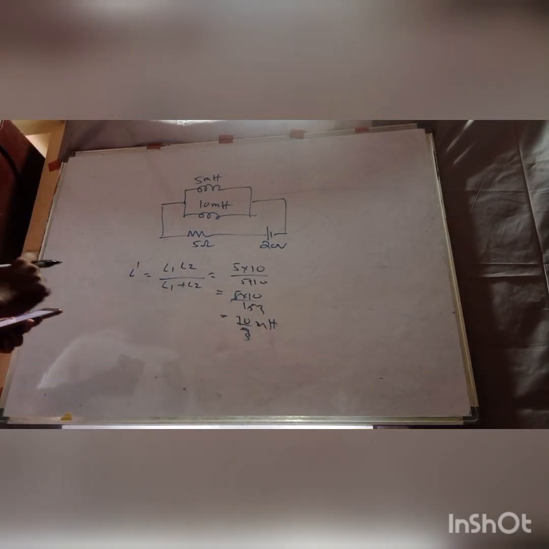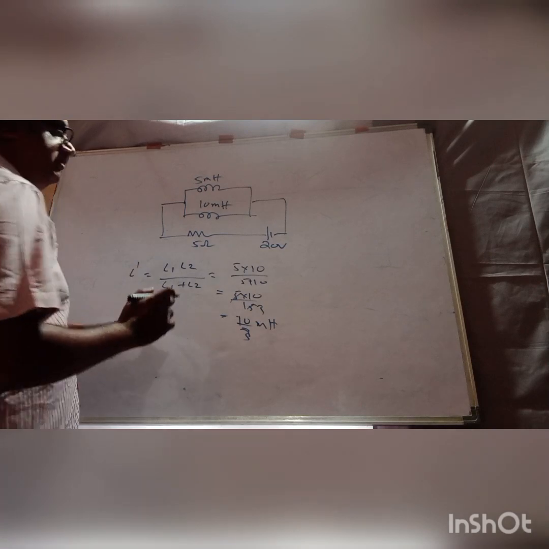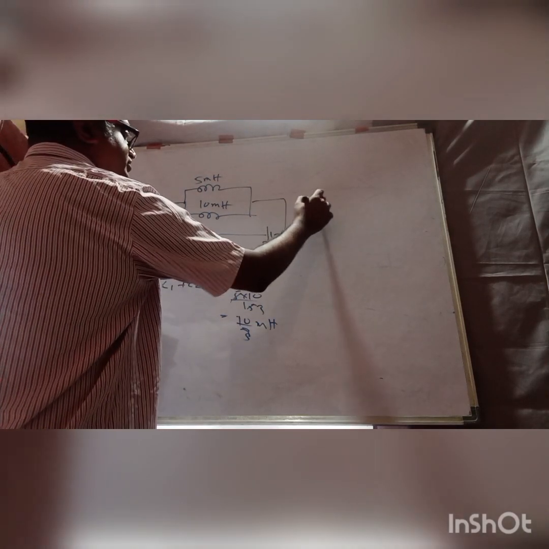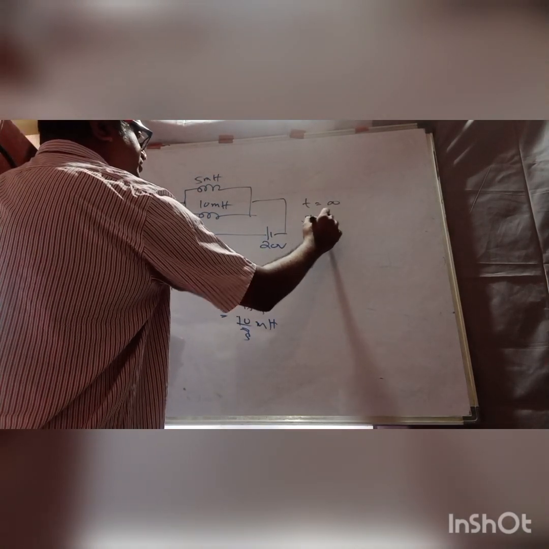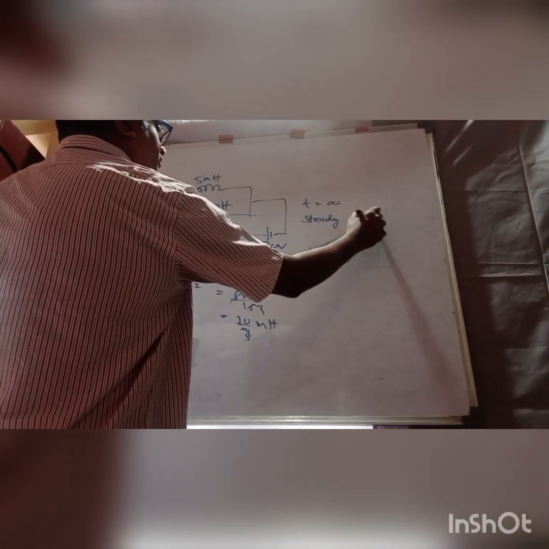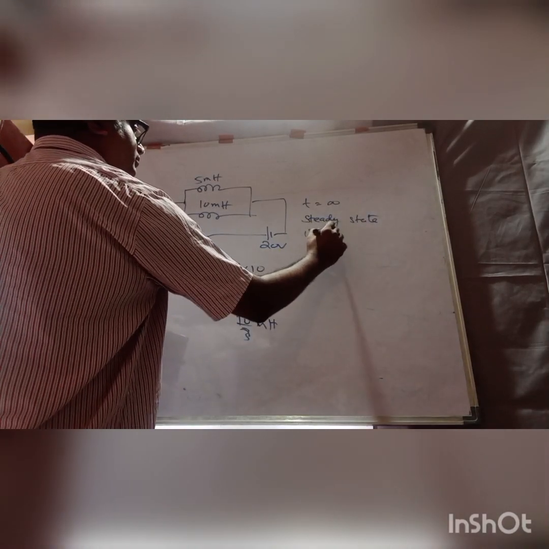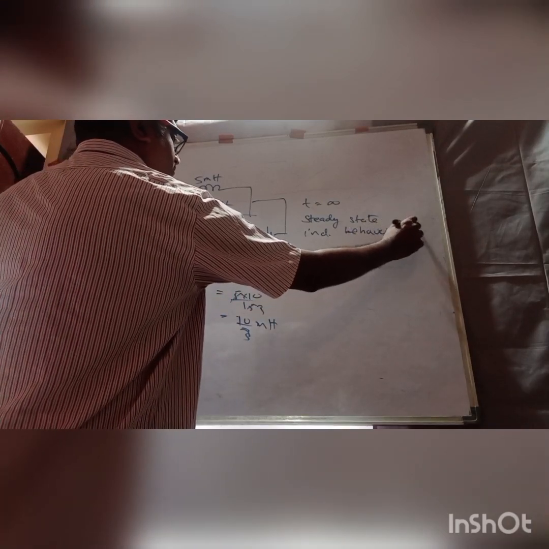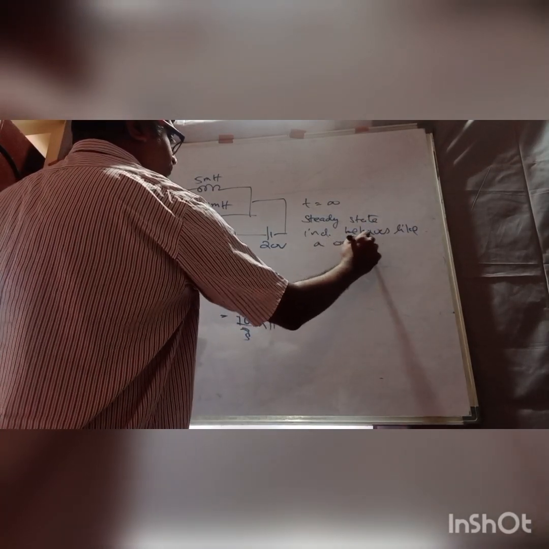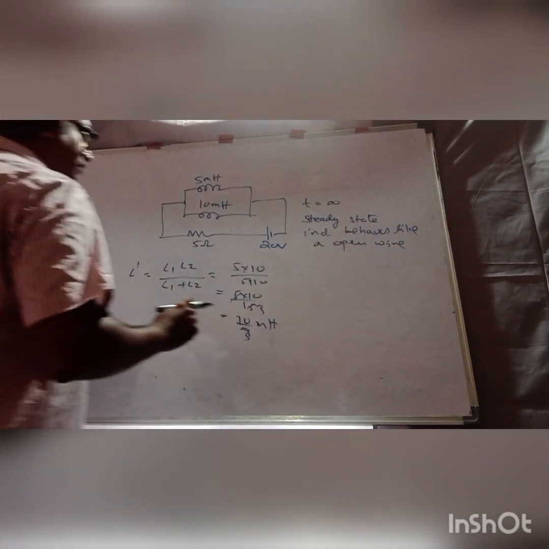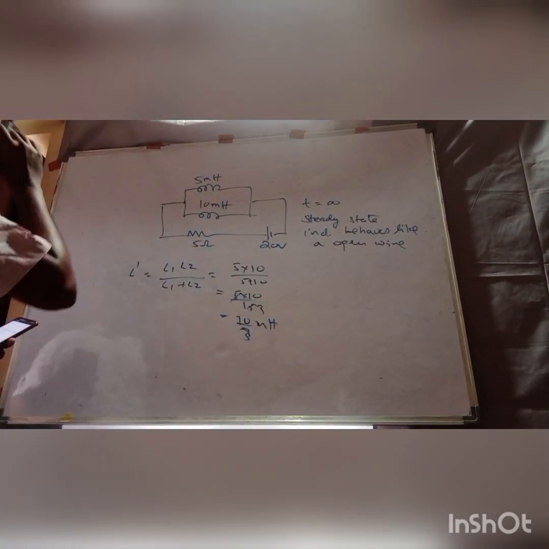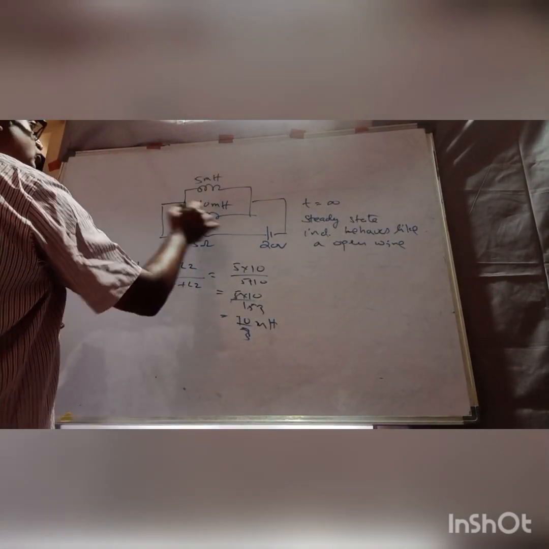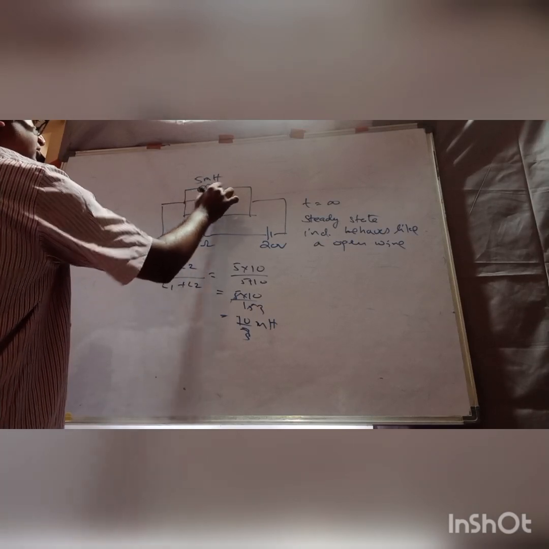Now in the steady state, understand this concept: in steady state, that is t equal to infinity, the inductor behaves like an open wire. Now the current distribution, that means these two put together will look like this, right?